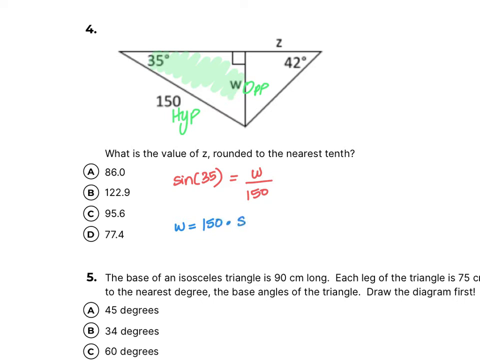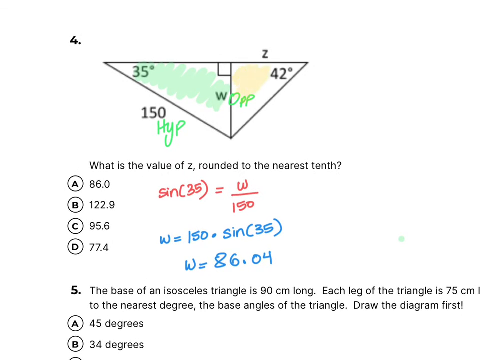So it becomes 150 times sine of 35. And then if you do that on the calculator, remember that the mode is in degree, you'll find that w is 86.04. Now if I look at the right triangle, which means the angle to the right, w is 86.04.